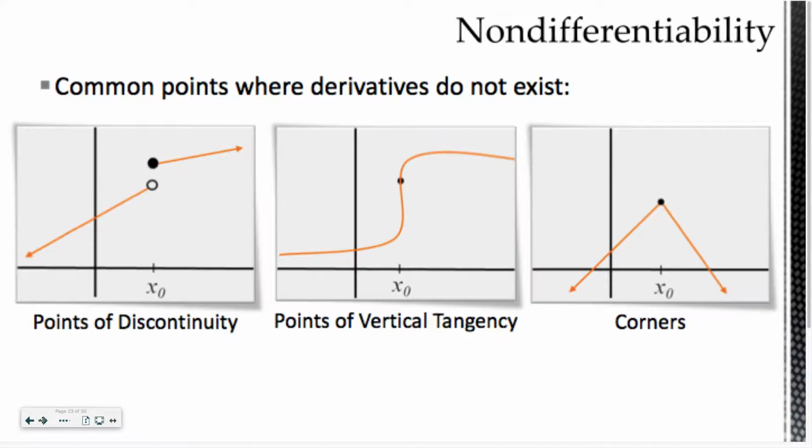So maybe start talking in your pods, why would a corner be a place that we couldn't identify a derivative for? And what are the issues there? Or if you think that we could, talk about what it would be.